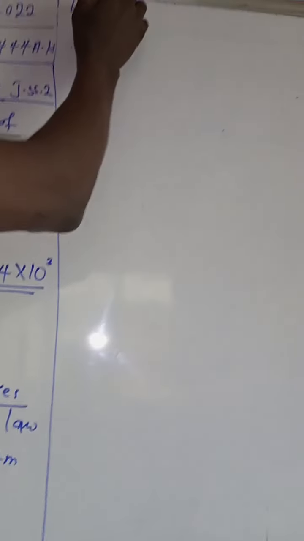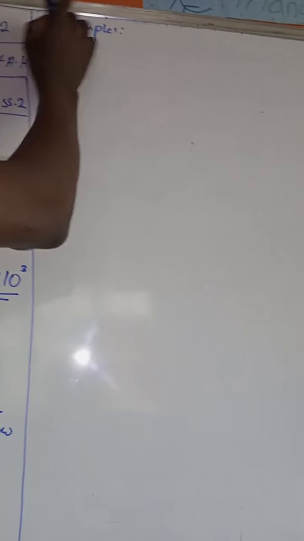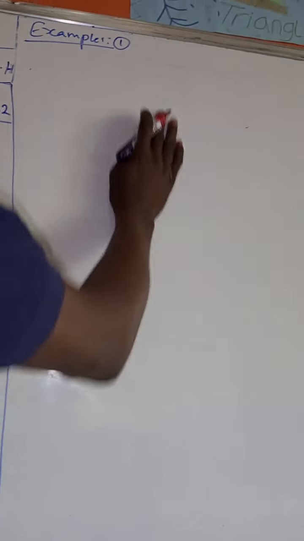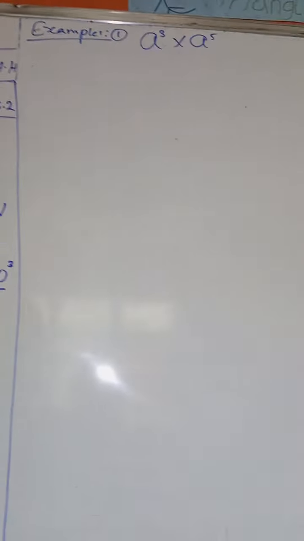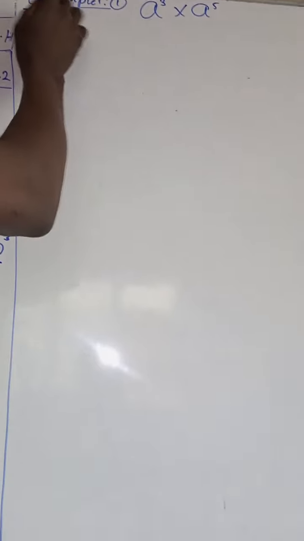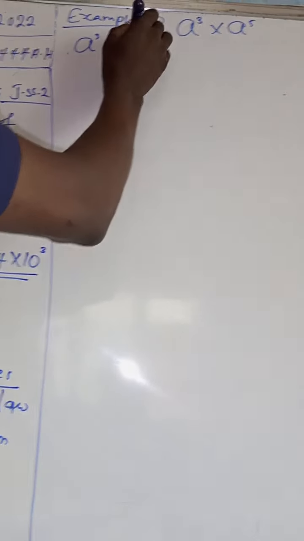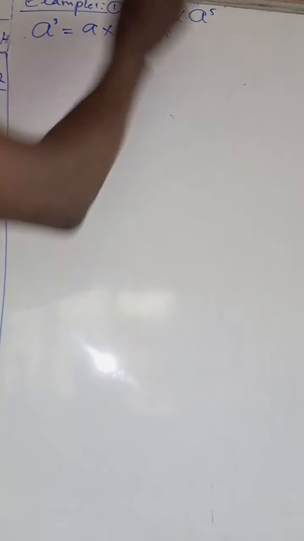Example under this one: we have a raised to power 3 multiplied by a raised to power 5. A raised to power 3 means a times a times a, in 3 places.